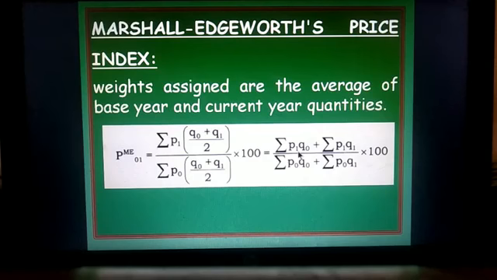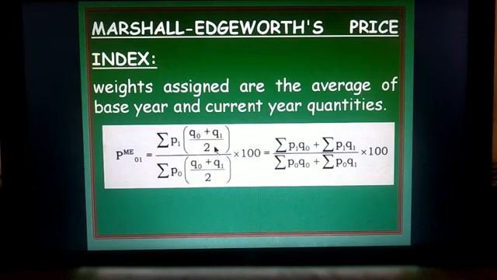Look at the cursor properly. Sum of P1 Q0, that's what is written here, plus sum of P1 Q1, divided by sum of P0 Q0 plus sum of P0 Q1, multiplied by 100 as it is.